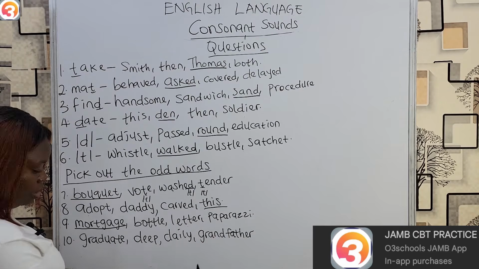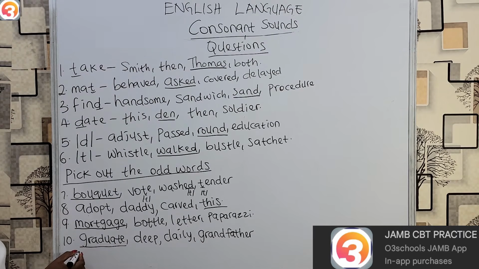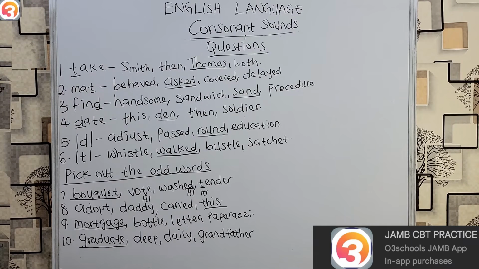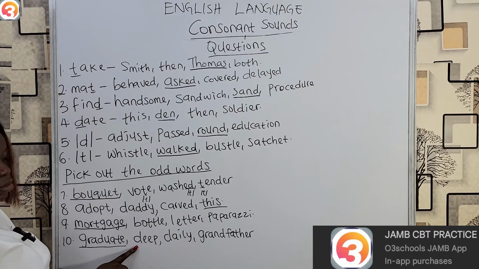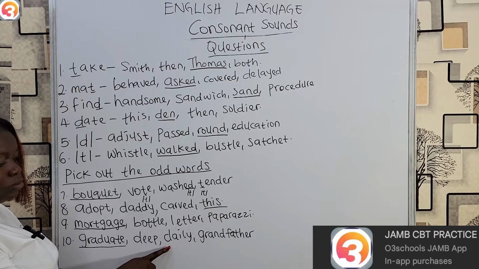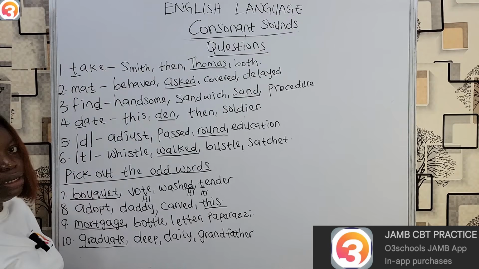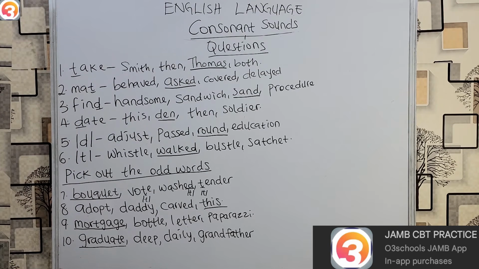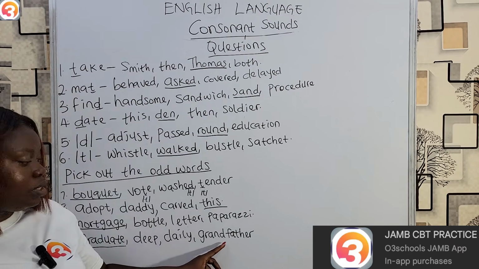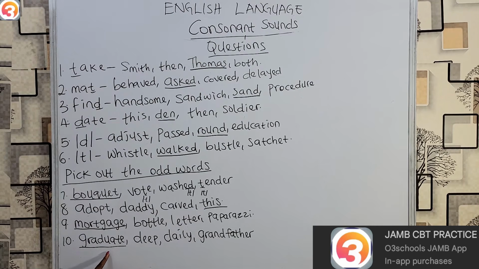The D is pronounced here. So this is the odd word out because here this D doesn't contain consonant sound D. It contains another consonant sound entirely. Then this is deep, there's consonant D here. This is daily, there's consonant D here. And then this is grandfather. The D is pronounced in grandfather, unlike grandma and grandson and grand what have you. Grandmother. Here the D is pronounced. Our answer is graduate. Graduate is the odd word in this question.